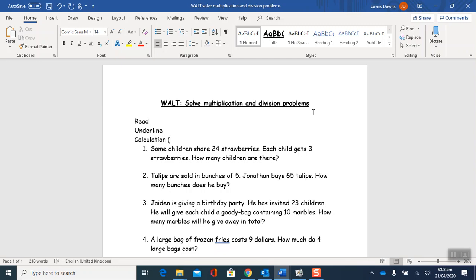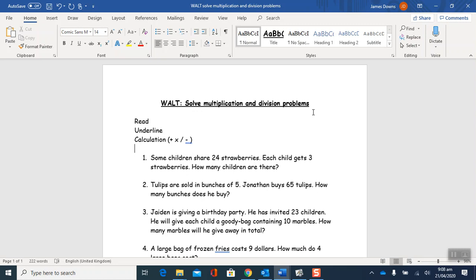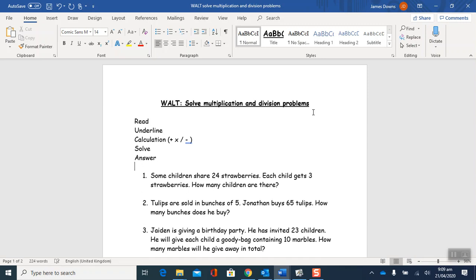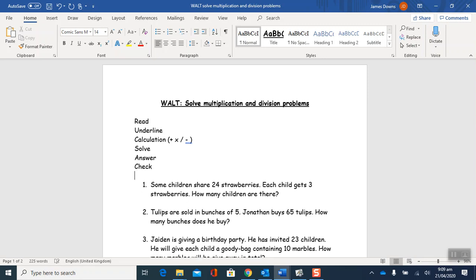So is it going to be adding, multiplying, dividing, or subtracting? We solve the problem, write the answer, and then check it over again.